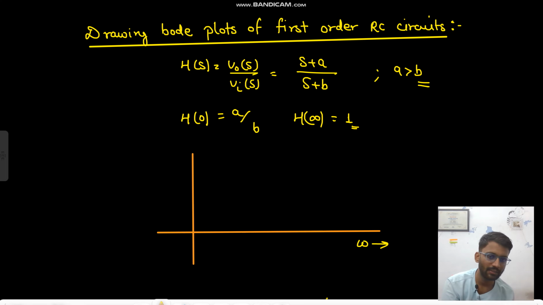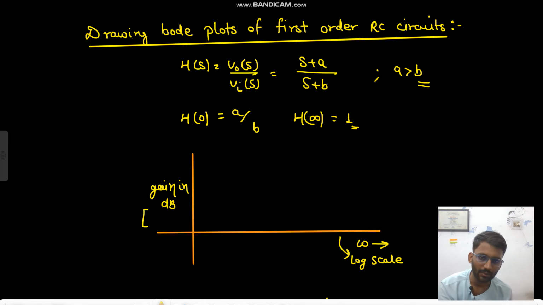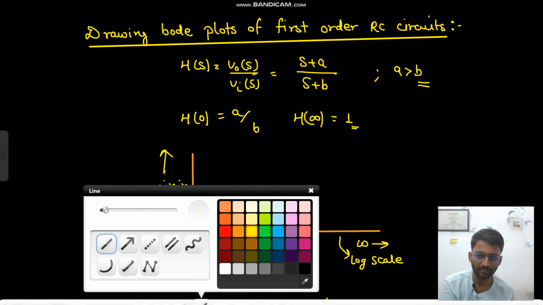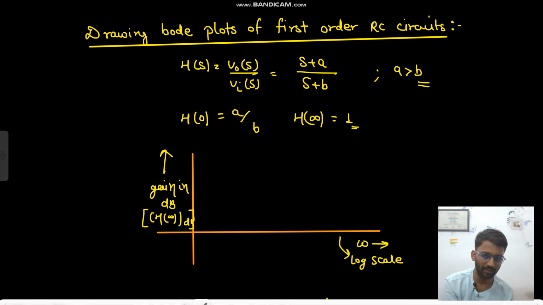This is on log scale, and this is gain in dB, meaning your H of omega is in dB. That you plot here. So initially what is your gain? It is 20 log of a by b. Let us assume it is some value like this.